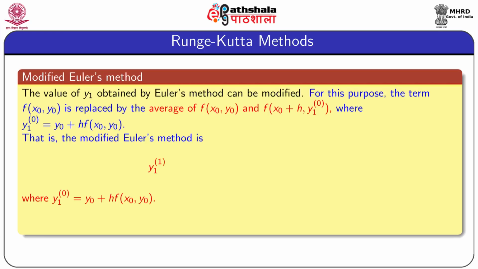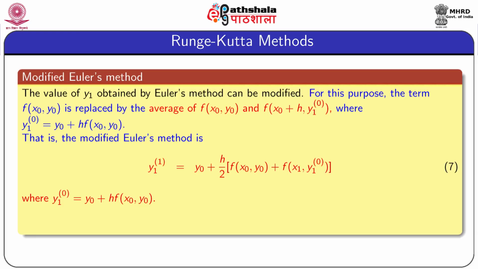That is, in the modified Euler's method, the first approximate value of y1 is denoted by y11, which is equal to y0 plus h by 2 into f of x0 comma y0 plus f of x1 comma y10, where y10 is given by y0 plus h into f of x0 comma y0.